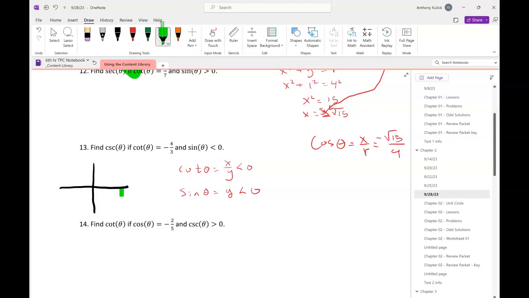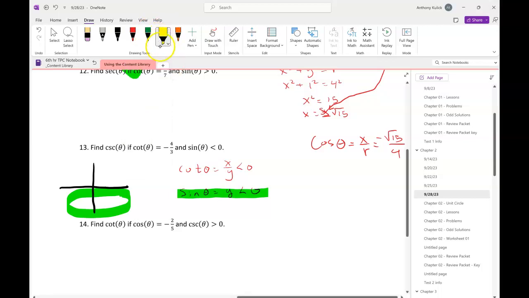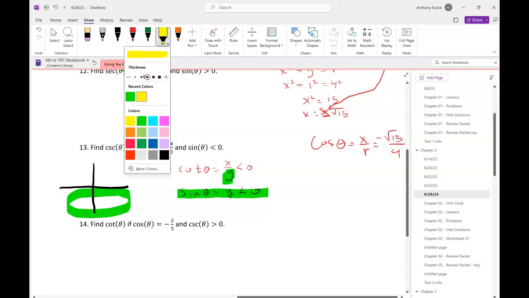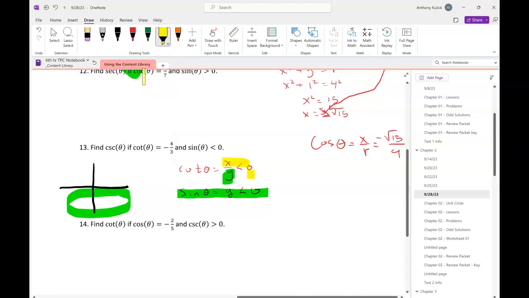So we know that it's in either quadrant 3 or 4. And if y has to be negative, x would have to be positive for this to be true. So that means we're in either quadrants 1 or 4. So theta has to be in Q4. So far, so good?